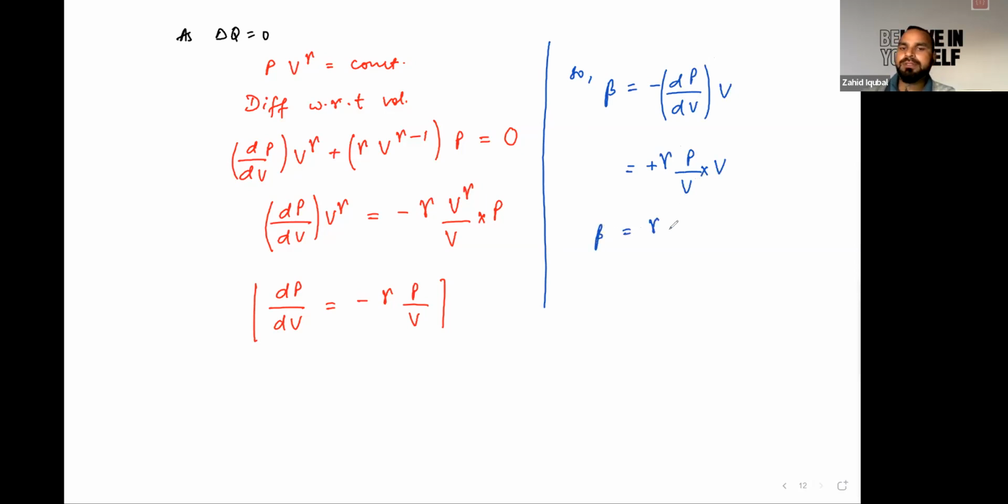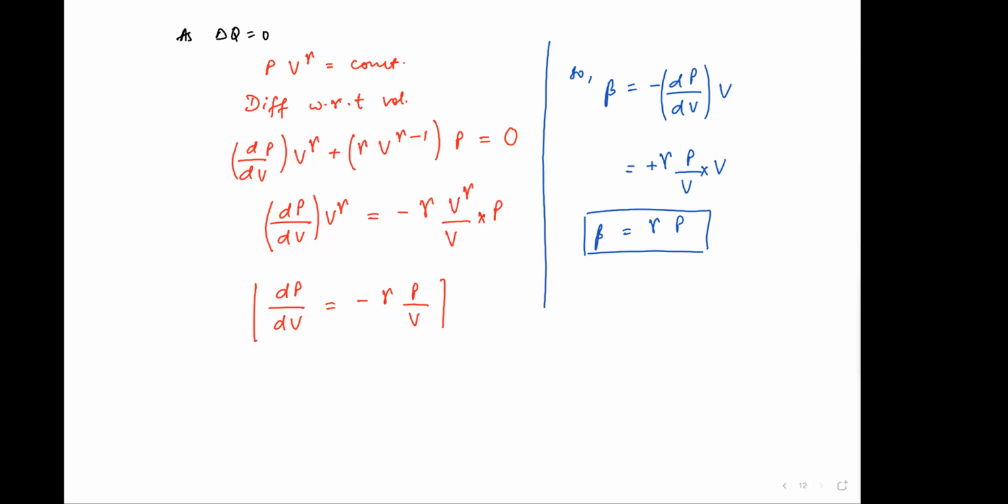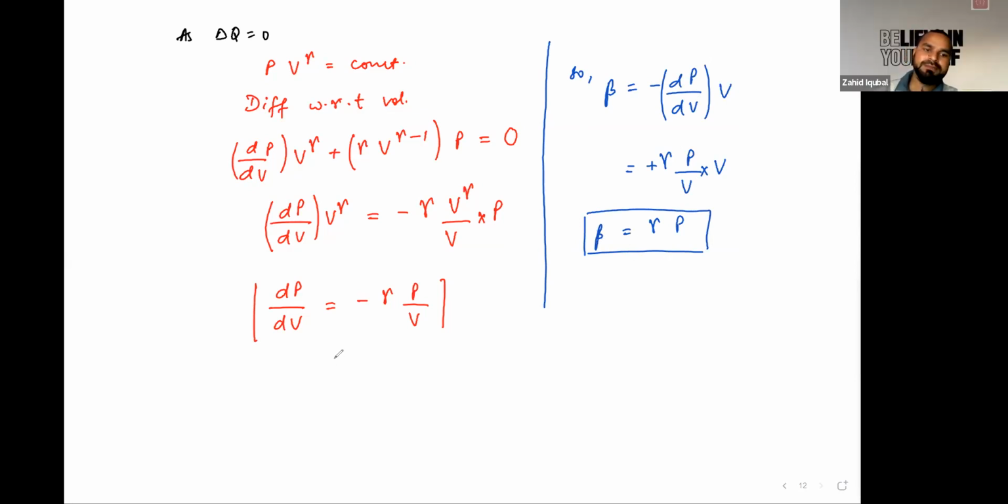So beta will be equal to gamma times P. Hamza, any doubt? No, sir. Now, if we substitute this value of beta, velocity of longitudinal wave, beta by rho, will become gamma P divided by rho.